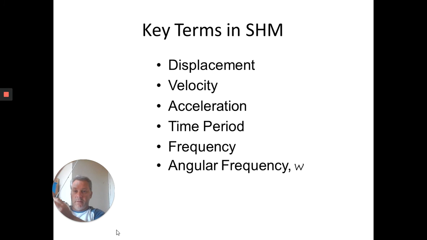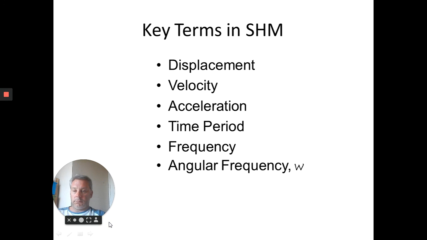That would be one time period. Frequency is the number of oscillations in 1 second. Remember time period and frequency are the reciprocal of each other. So 1 divided by time period gives you frequency, 1 divided by frequency gives you time period. And then this new one, which we're going to talk about a lot more in the next video, angular frequency, omega, this relationship between circular motion and simple harmonic motion.